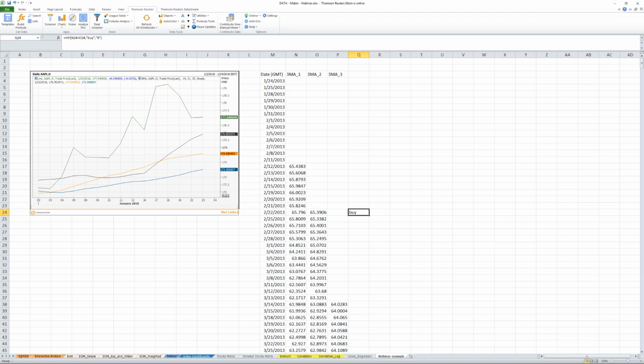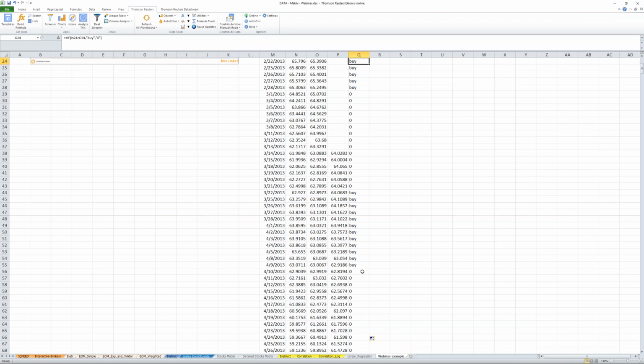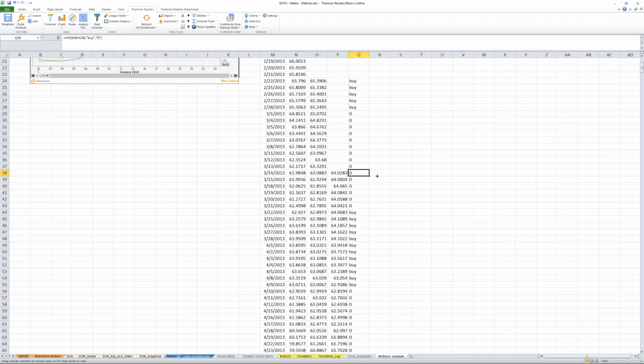Then we take this to the bottom of the series, down to today's date. The same thing I do with the slower moving average and the first one. I take this to the bottom, and the same thing I do with this. However, if I go the other way, give me a sell signal. This is an example. Sell.